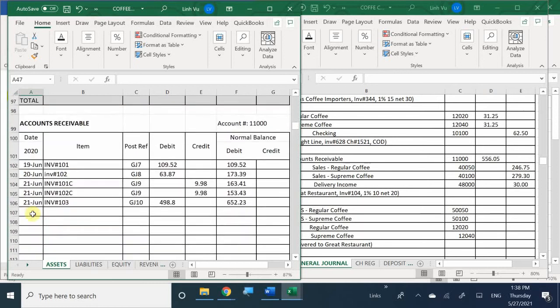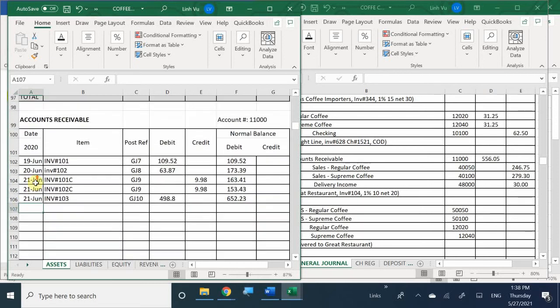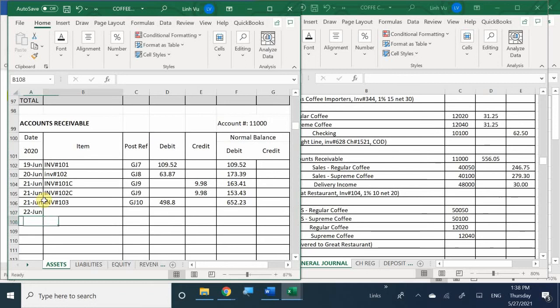622. Invoice 104. General Journal 11. And a debit for $556.05.